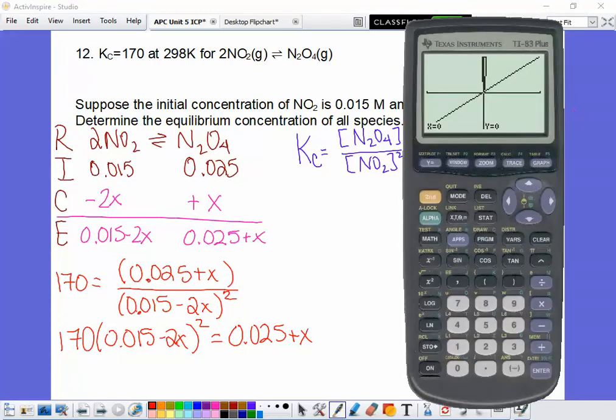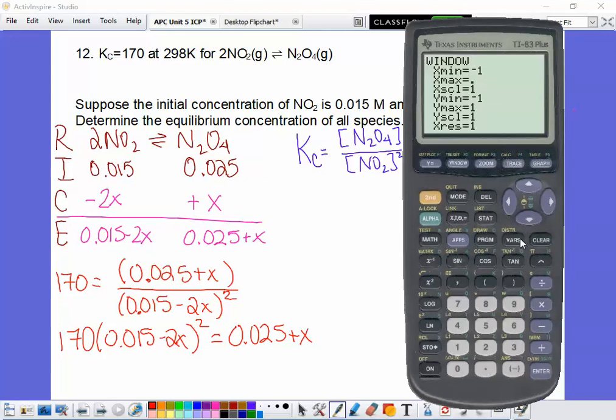Okay, let me zoom in. I don't know if I'm doing anything. Window. I'm going to make that 0.5. I'm going to make this really zoomed in.